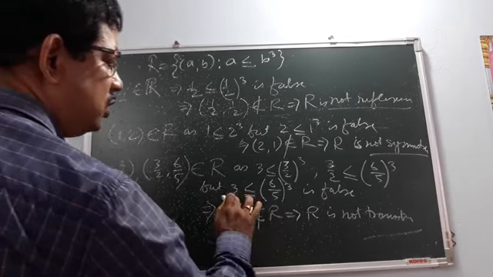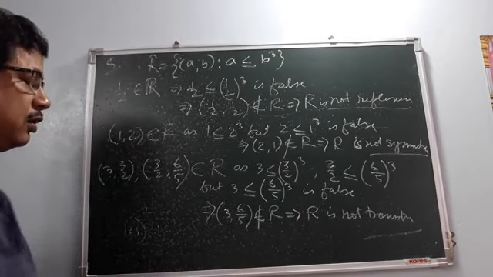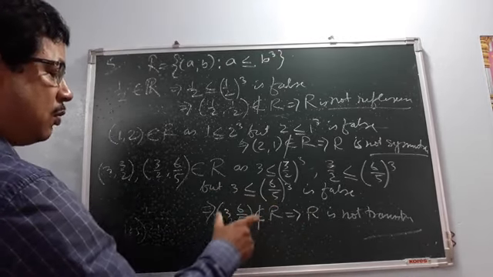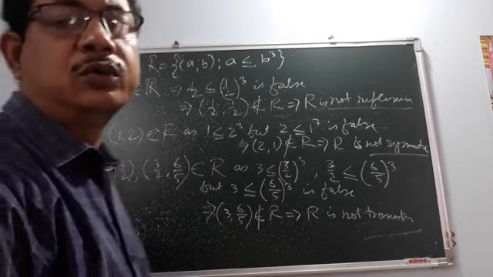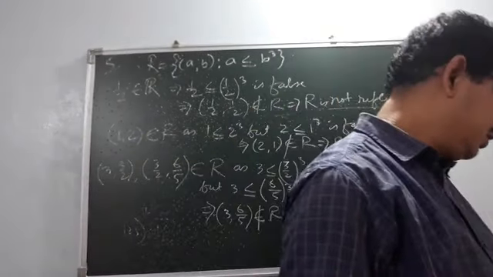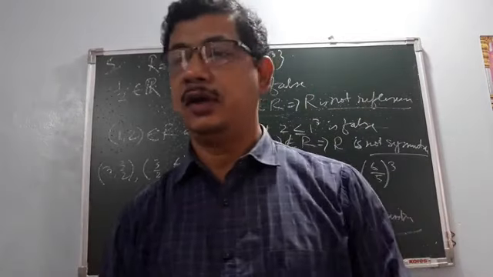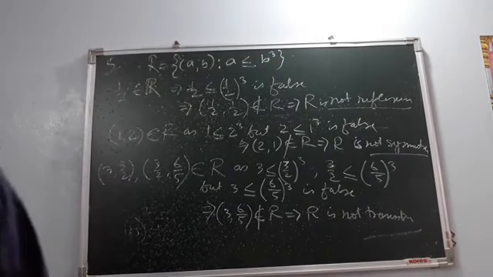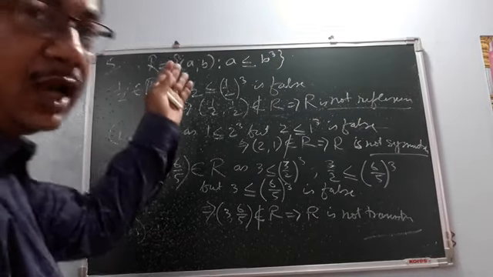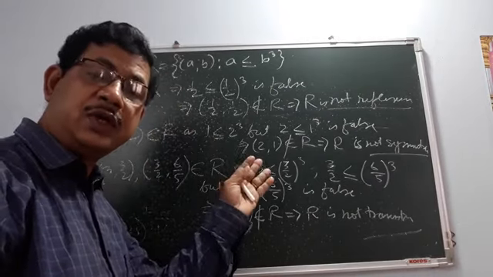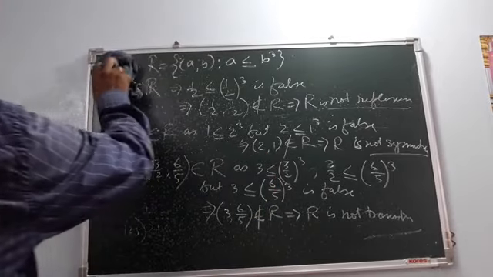So 3 less than or equal to this is not correct. That's why (3, 6/5) is not within R. So of course we will say this is not transitive. So we have shown that it is neither reflexive nor symmetric nor transitive.